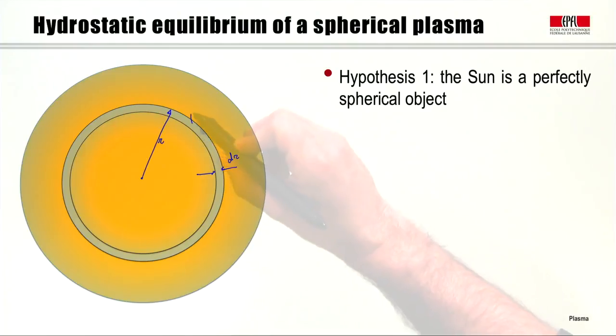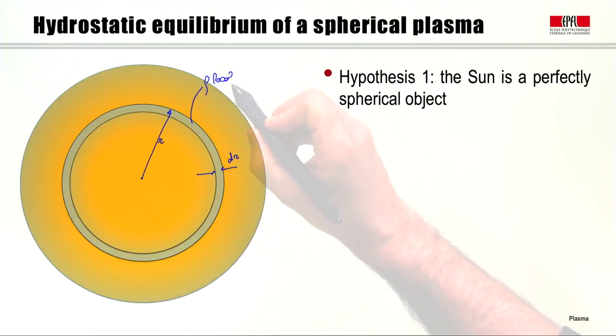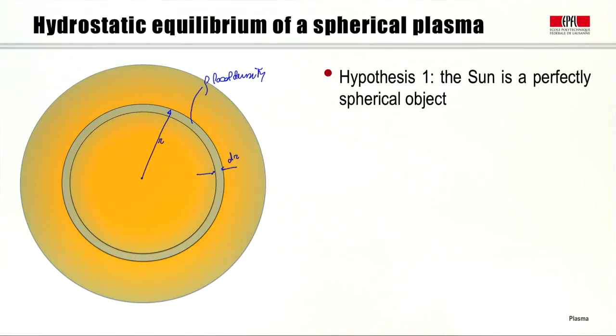Let's then indicate with ρ the local density of the matter inside the shell, and with m(r) the total mass inside the spherical shell.